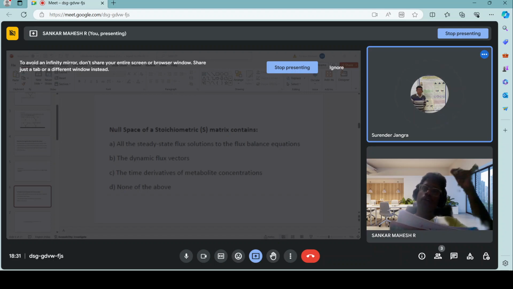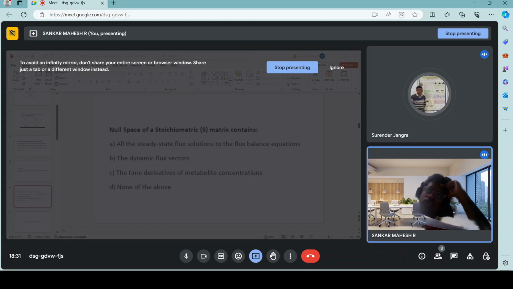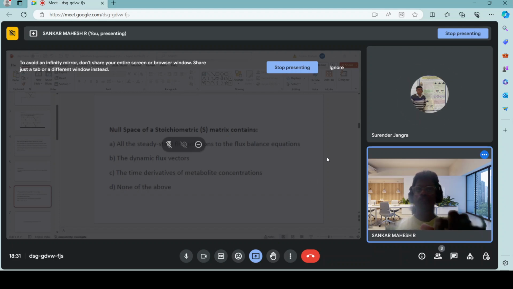Now, because this is at steady state, meaning whatever enters the cell either gets converted to another product or a series of products and then exits, or it exits the cell. Basically, there is no accumulation. This is what we call the steady state. Now, at this particular condition, because there is no accumulation, on the right hand side, you can equate the product of this stoichiometric matrix and the vector equal to 0. This is the null space.